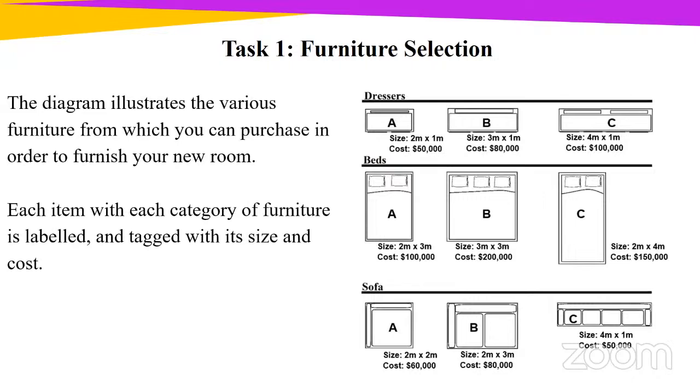Okay, boys and girls, the question is, we are looking at the furniture category sofa. One of your colleagues said sofa A is the smallest. Now I want to know which one is most expensive. Miss, the most expensive one is B. And what is the cost?